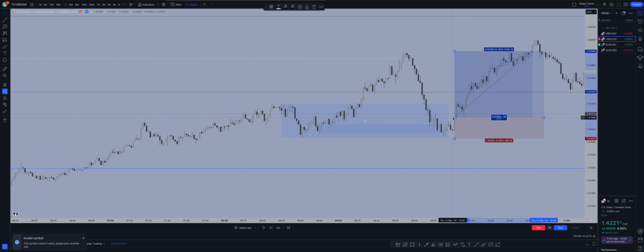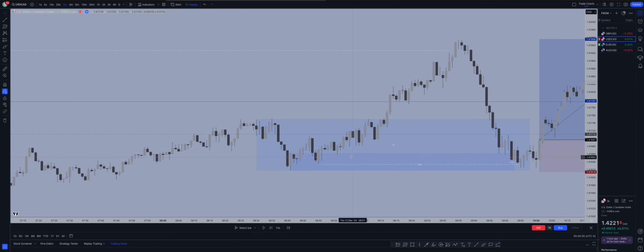3.17 if you entered on that candle. 5R if you entered on that one. Came in. And this was actually the last point of inducement right over here. Which, you know, pretty similar.